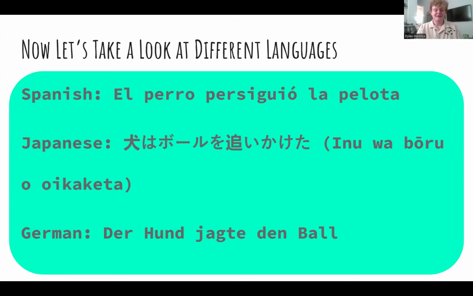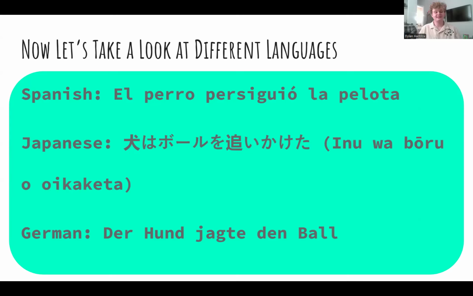as you can see, well, I don't know if you can see it immediately, but pero, you've got to roll that R there. But pero and Hund, I believe those are the translations for dog in Spanish and German, respectively. And I'm not 100% sure about Japanese. I believe it's inu, those two sounds together. And that means that all three of these have put the subject at the front of the sentence.